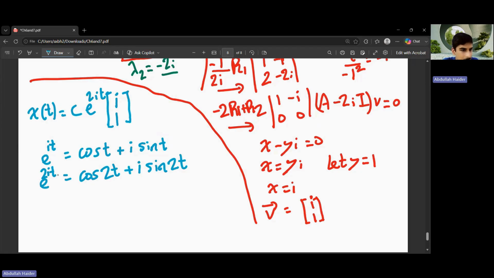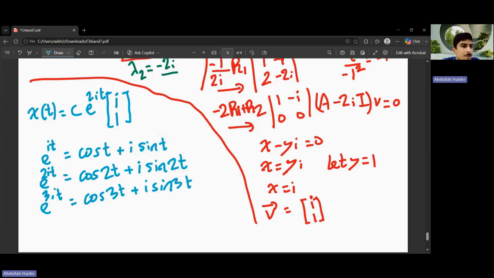So basically, whatever coefficient you have over here is going to be inside the cosine and sine functions. Like if I have e power 3it, this will be cosine 3t plus i sine 3t.